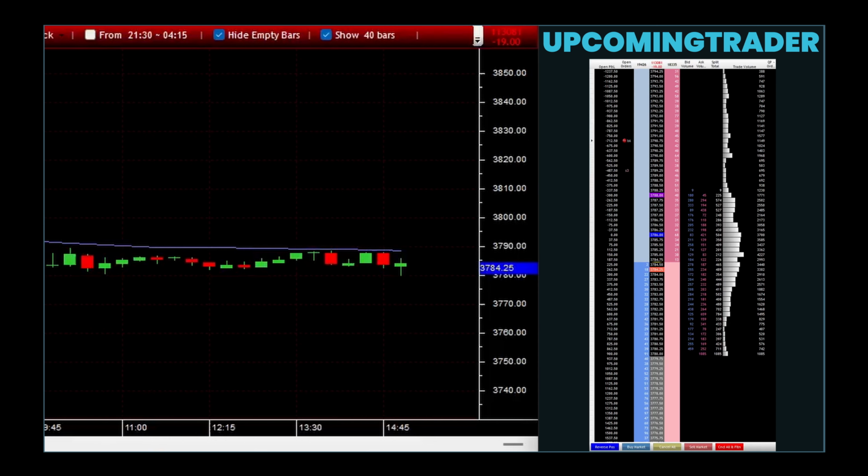The upside Tasuki gap is a continuation pattern observed in an uptrend, which offers insights into market sentiment. This pattern emerges during a period of bullish market sentiment and is characterized by a specific sequence in candlestick charts. To begin, the pattern involves 3 key candlesticks.